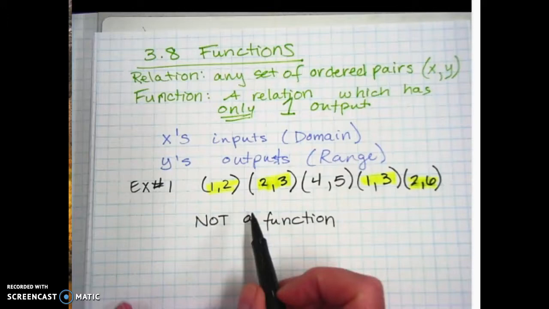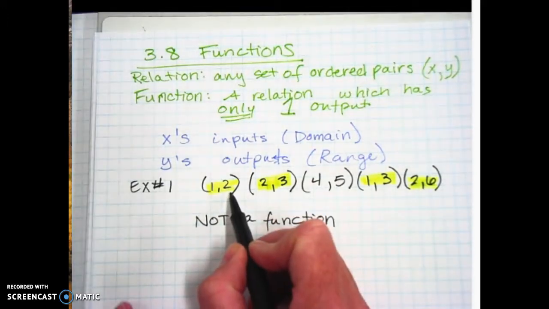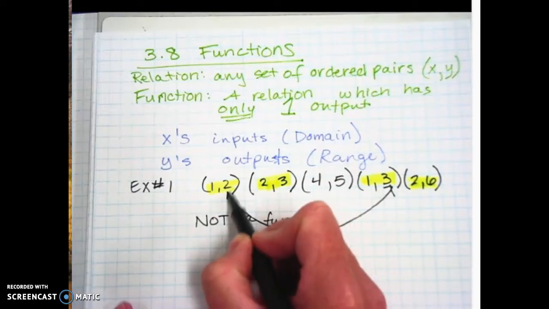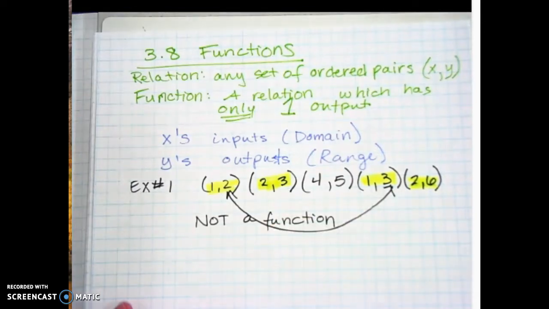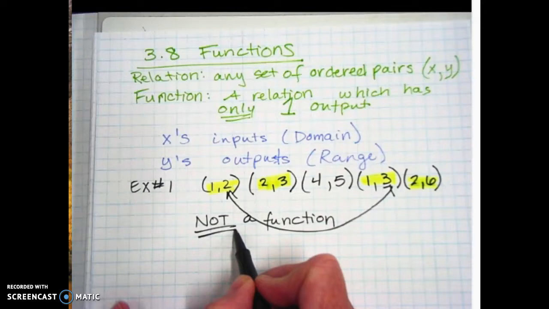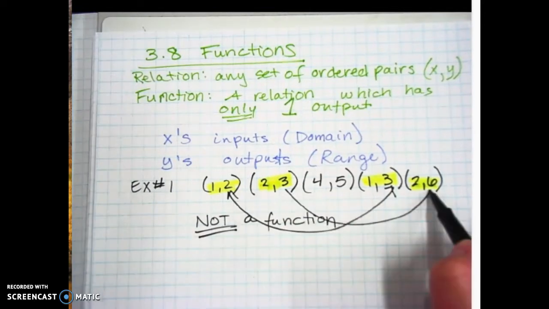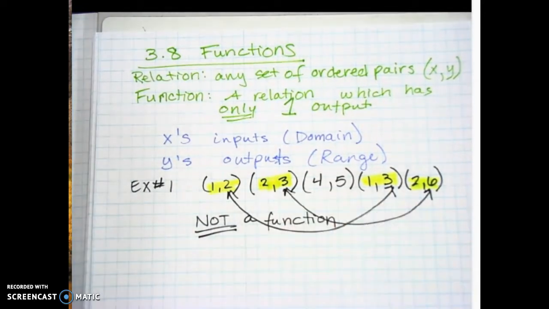But if you put in a 1 and get out a 2 and then a 3, that's going to make it not a function. Or the 2. Both of those kill it.